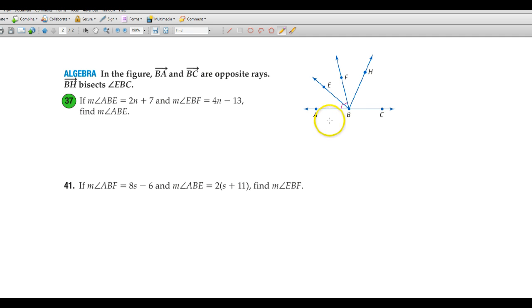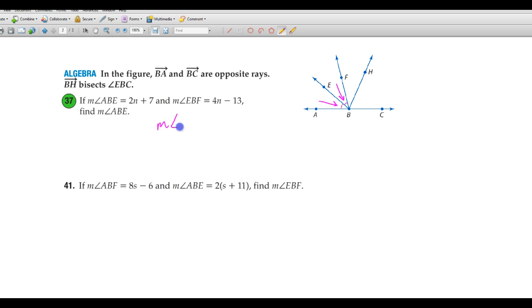Number 37, if ABE is 2n plus 7 and EBF is 4n minus 13, find ABE. So the key to this problem are these two marks, right here and here. That means that the angles are congruent. So if they're congruent, we can set their measures equal to each other.